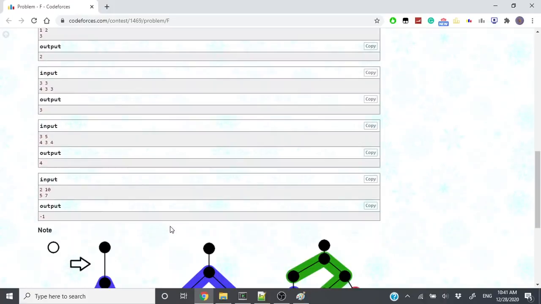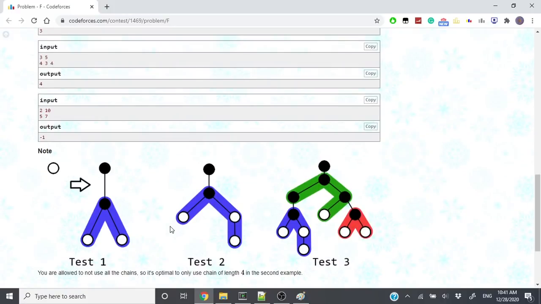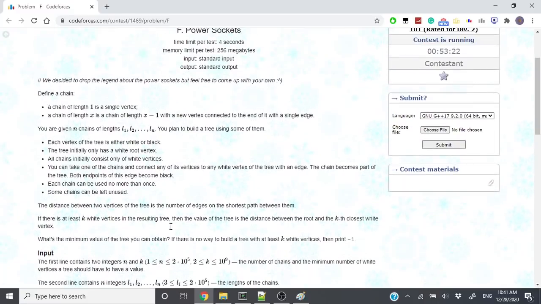What? Okay. Distance between two vertices in the tree is the number of edges in the shortest path between them.